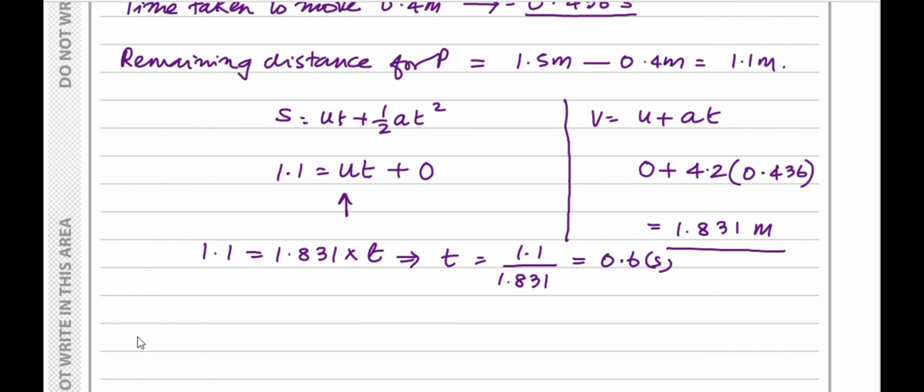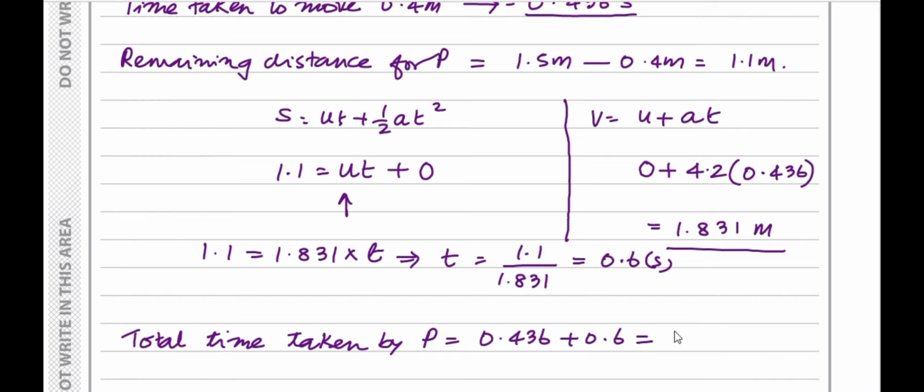Therefore, total time taken by P is equal to the first time, 0.436 seconds, plus 0.6 seconds, that's going to be 1.036 or 1.04 to 2 decimal places.